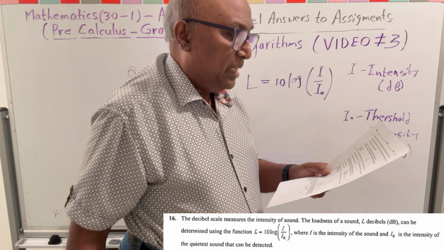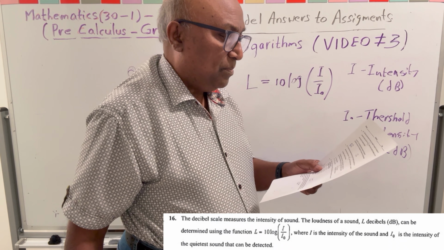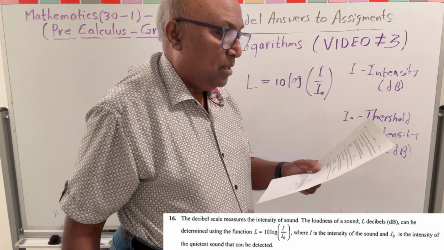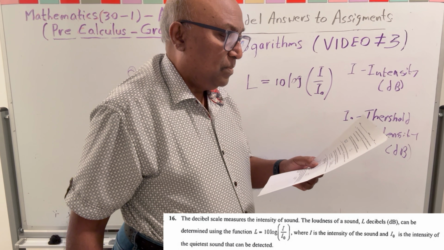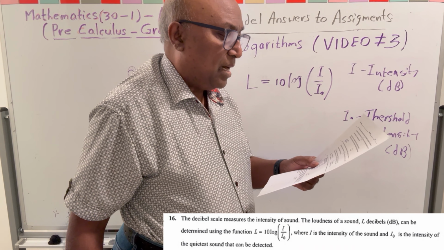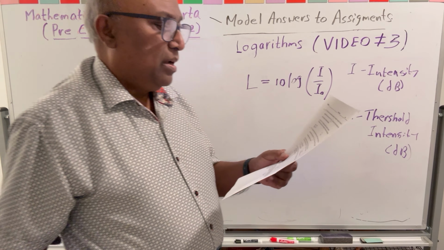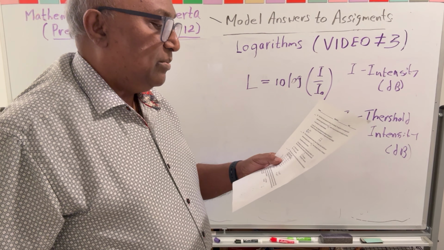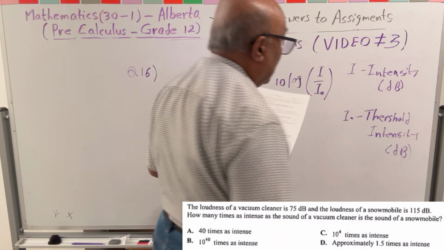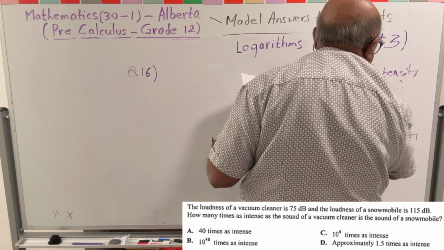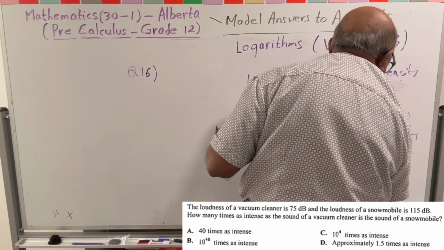Okay, what is L? The loudness of the sound, in decibels. I is the intensity of the sound. They have not given the intensity like this.